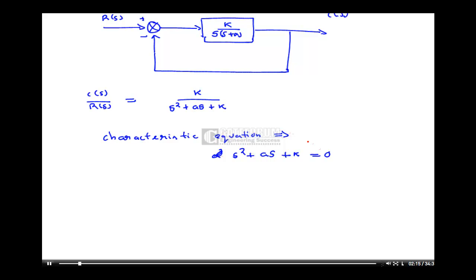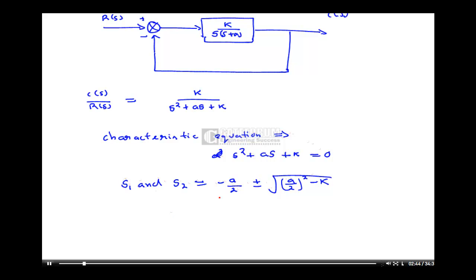This characteristic equation will give me the roots. These roots are nothing but the poles of the system. So if I find the roots, suppose S1 and S2, they are equal to minus A by 2 plus minus the root of (A by 2) whole square minus K. Now we have reached this point.